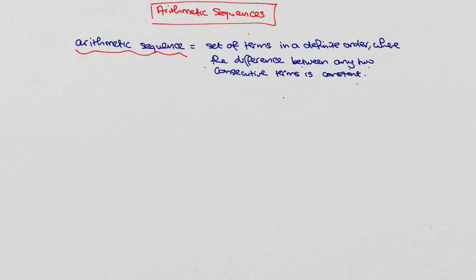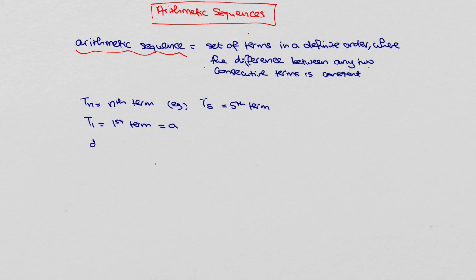So what we say is that T of n represents the nth term. So for example, if I have T5, then that represents the 5th term in my sequence. If I have T1, then we say this is the first term, which we always refer to as the letter A. So we use A to represent the first term.